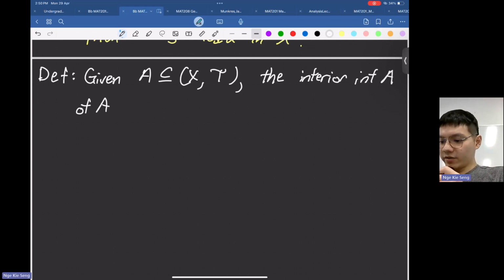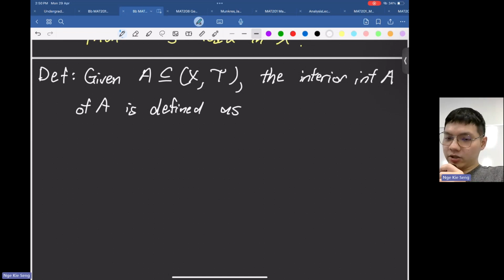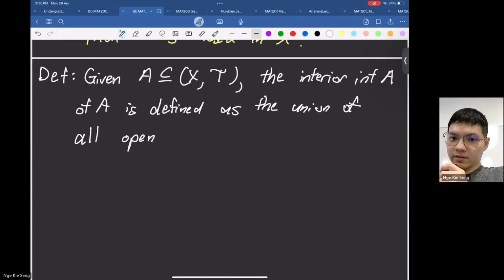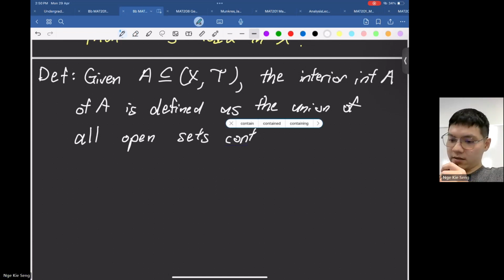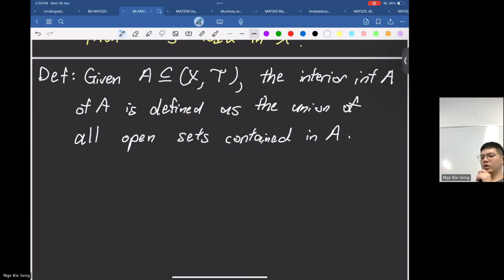So we just define it as the union of all open sets contained in A. Think about the open interval 0 to 1.